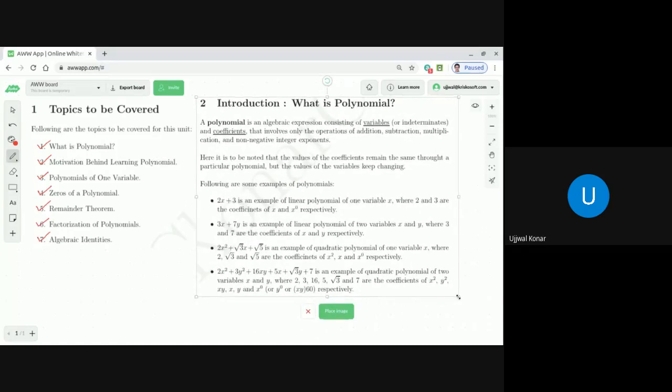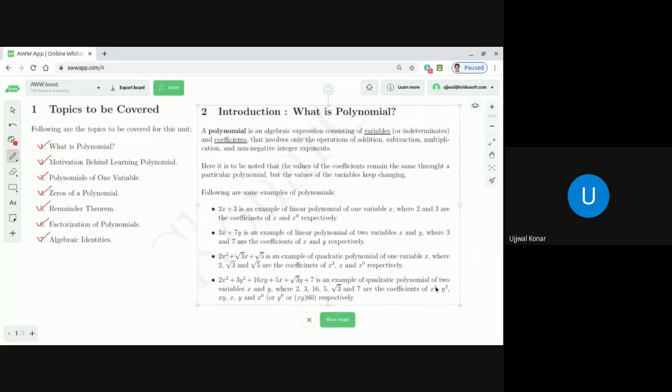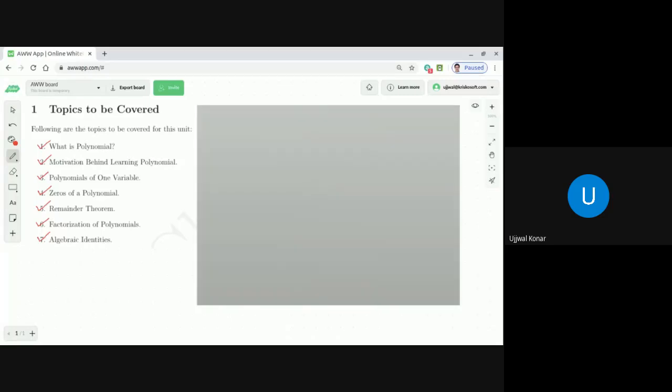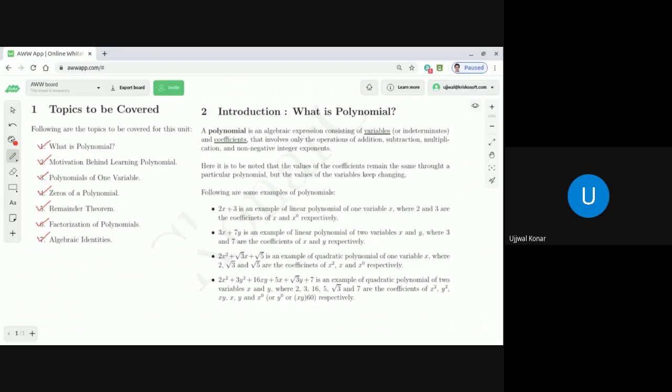As you see on the screen, a polynomial is an algebraic expression consisting of variables, also known as indeterminates, we will discuss in detail, and coefficients. A polynomial is an algebraic expression consisting of variables and coefficients that involves only the operations of addition, subtraction, multiplication, and non-negative integer exponents.